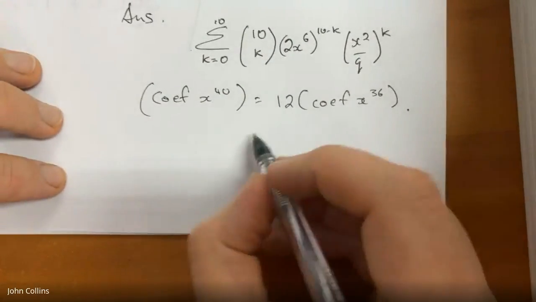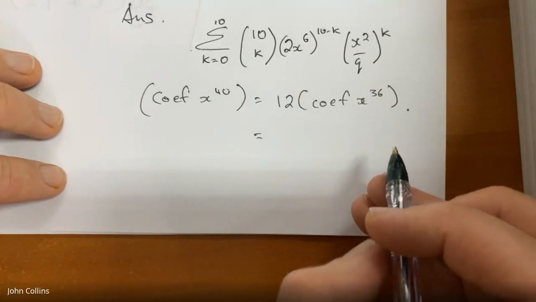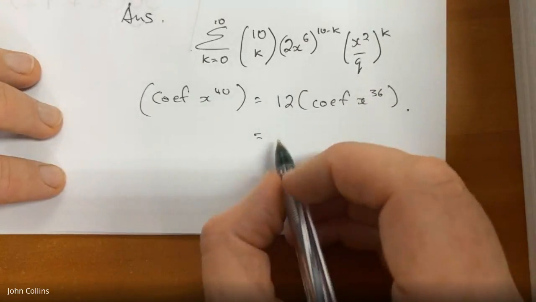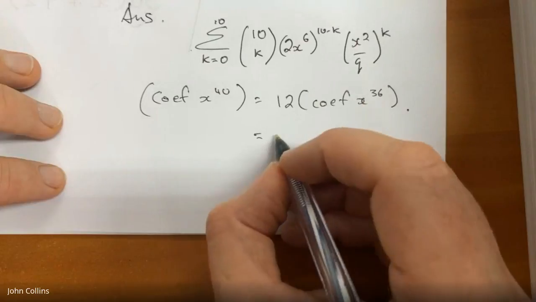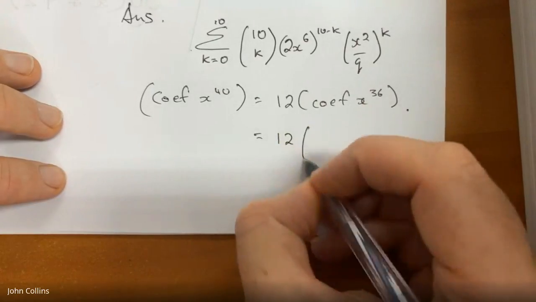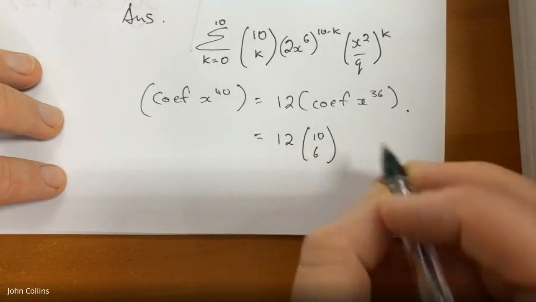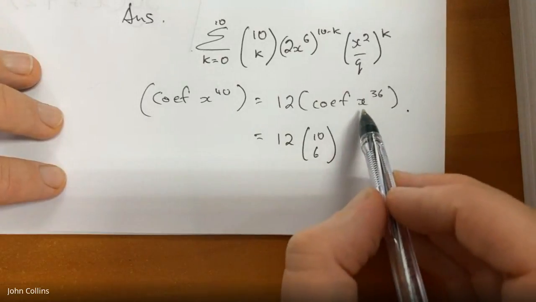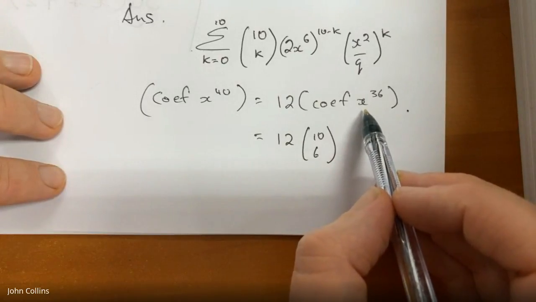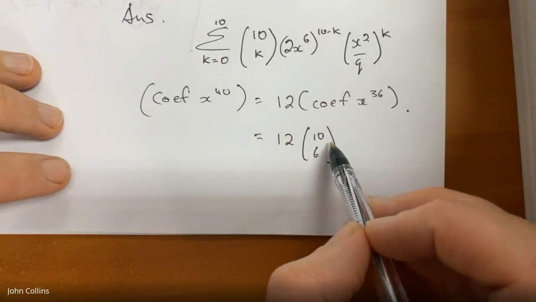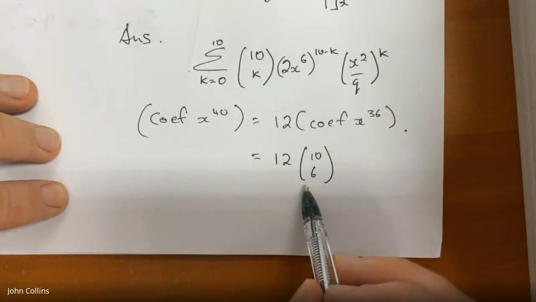Okay, so let's look at the 36th term. I'm only going to look at the coefficients. So that's going to be 12 times the coefficient, which is going to be 10 choose 6. Are we comfortable that it would be 10 choose 6?